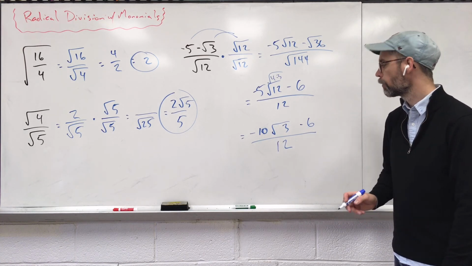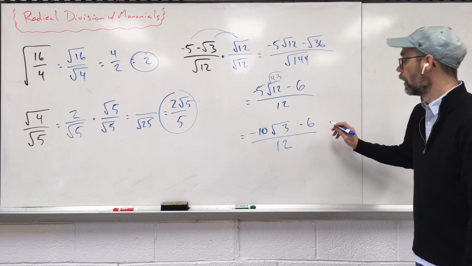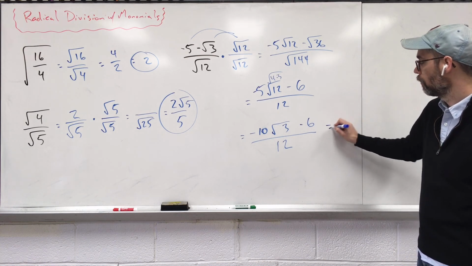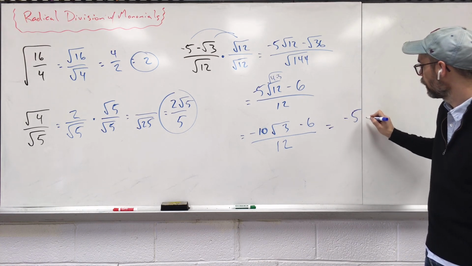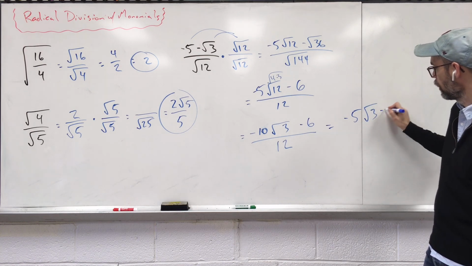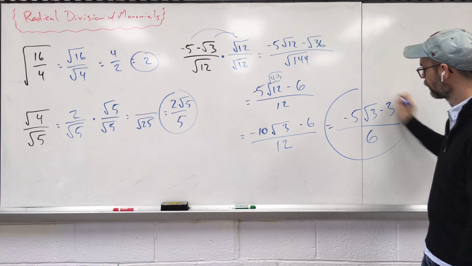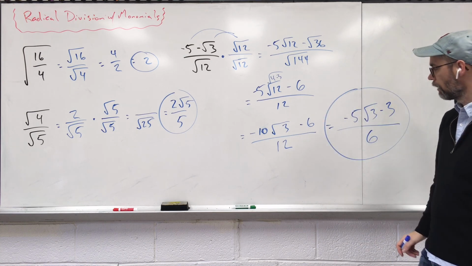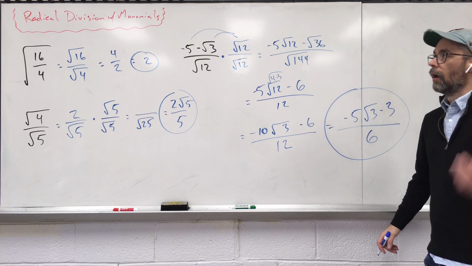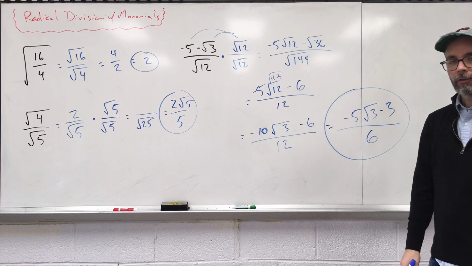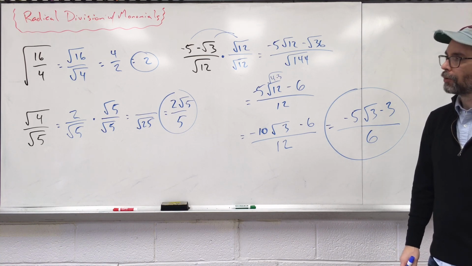I want to divide everything by a 2, cut them all in half. All right, one final one. We're going to have negative 5, radical 3, minus 3, all over 6. Finally, there's your answer. And that is dividing radicals with a monomial in the bottom.